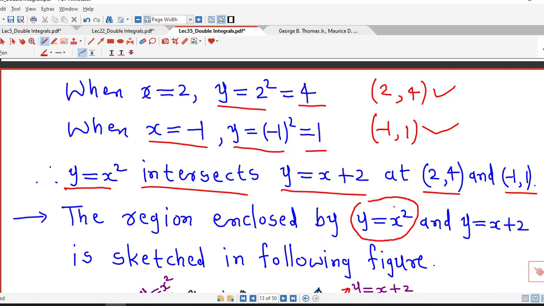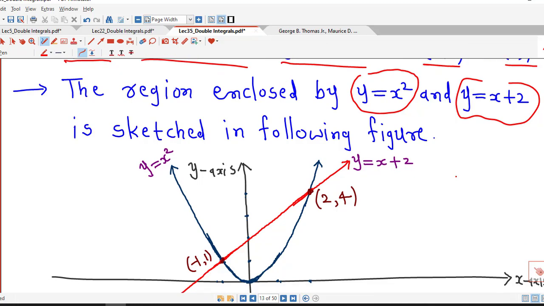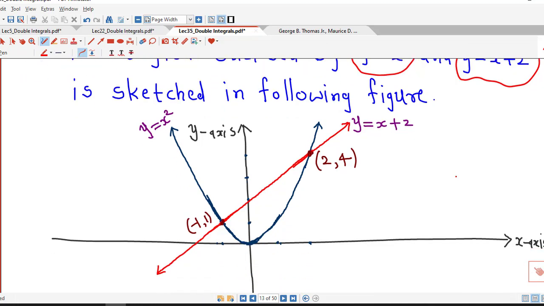We have to sketch the parabola as well as this line which both intersect at these 2 points. So here we have sketched both the curves.